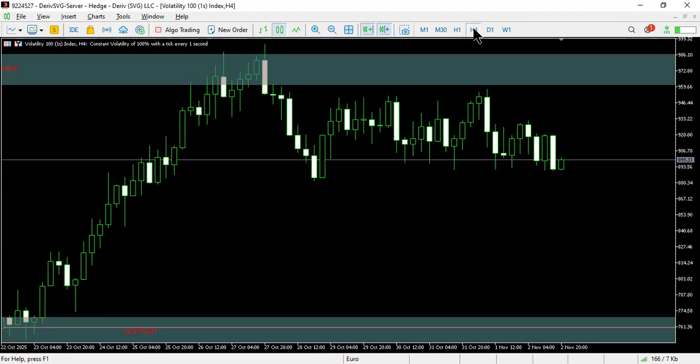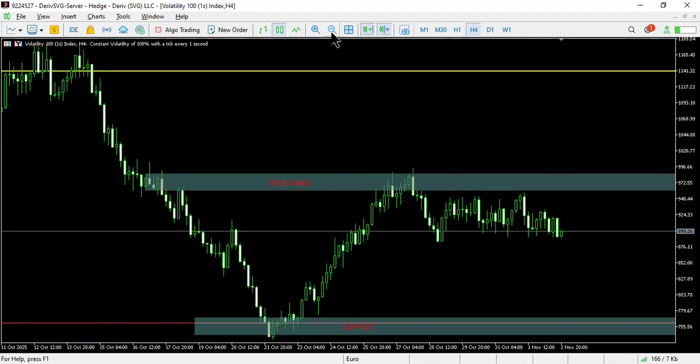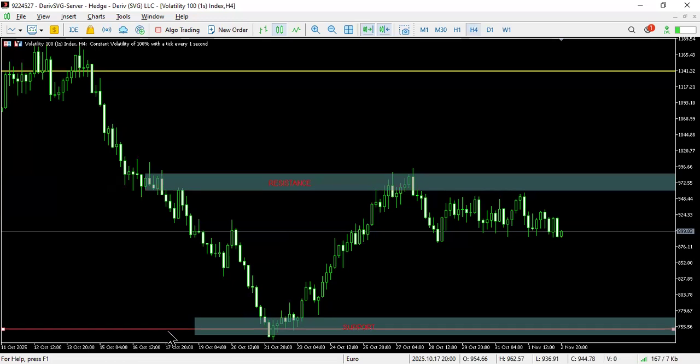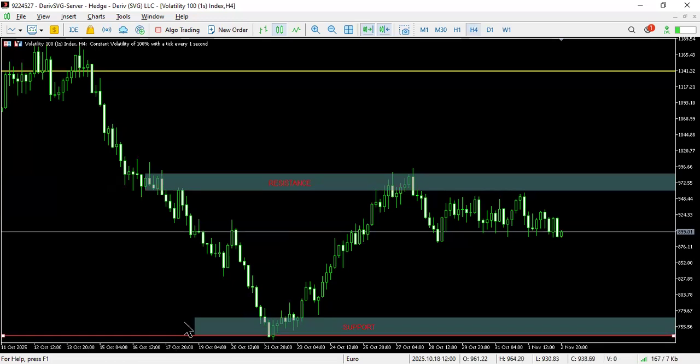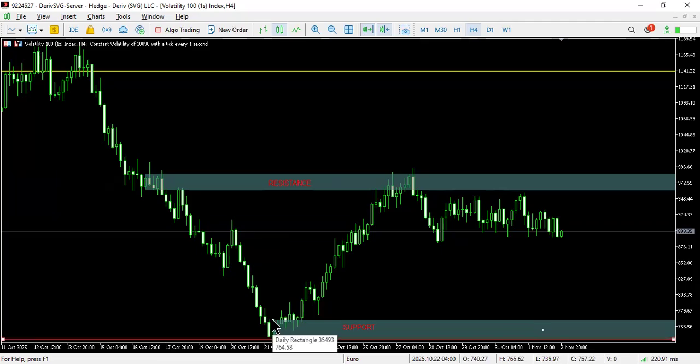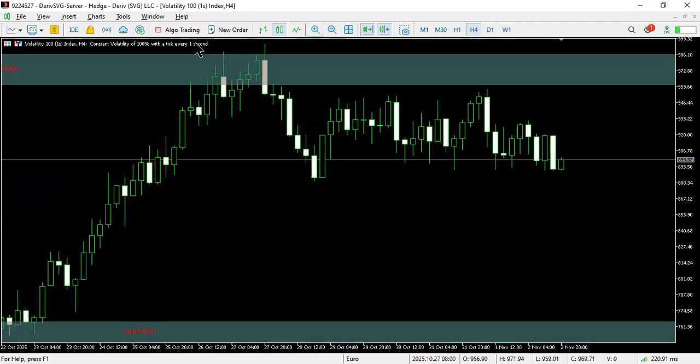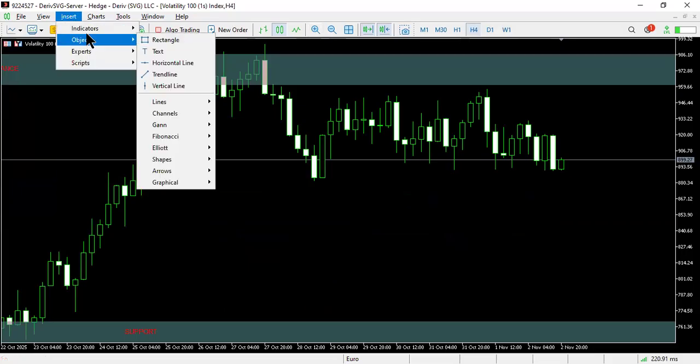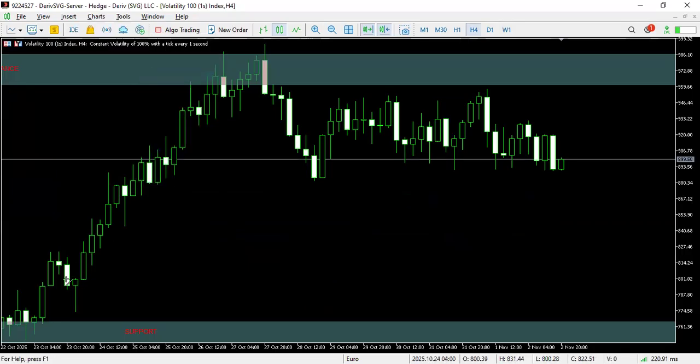We head over to the 4 hours. From the 4 hours, we can see price was shooting up.